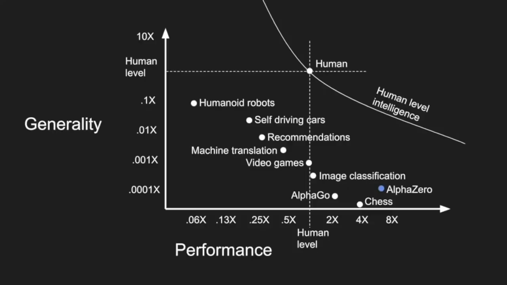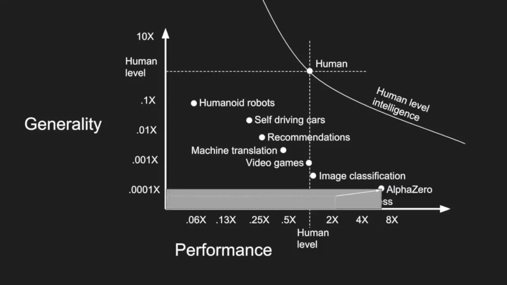What we have now is a point that is both farther to the right, higher performance, and farther up, higher generality than the original that it was from. So this is a real increase in area under that rectangle, an increase in intelligence. This is the direction that we want to go.